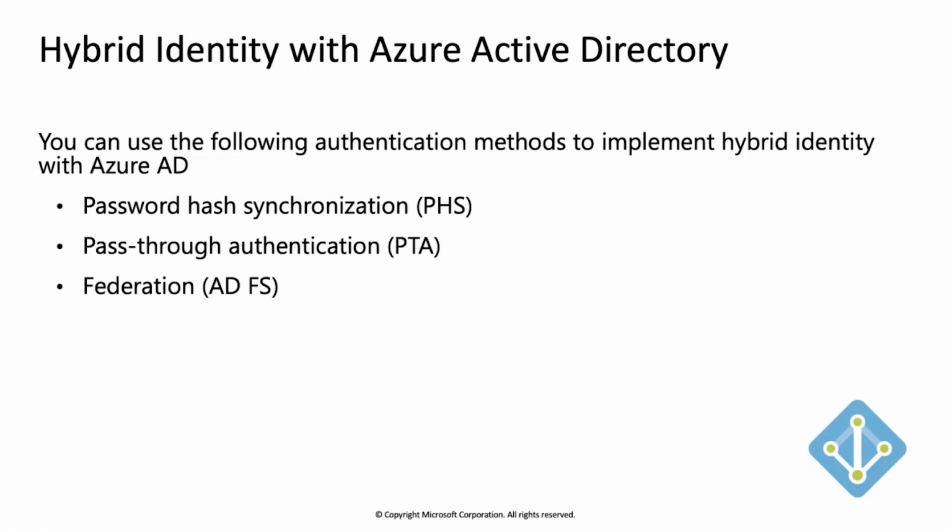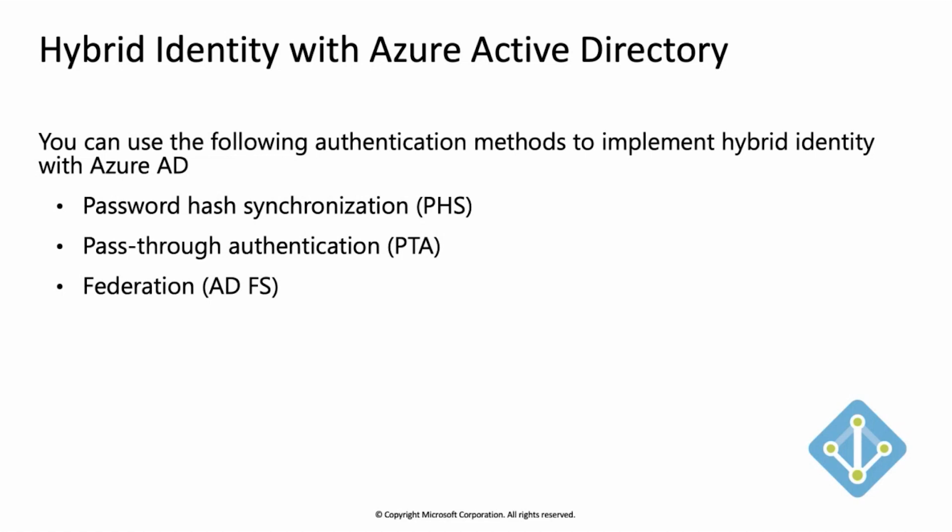Why? Because in your on-prem Windows Active Directory, the passwords are stored in a hashed form. With that, you can achieve same sign-on. Same sign-on means users can sign in with the same credential on-prem and in the cloud. Yes, the authentication happens twice: one at the on-prem if the user logs into on-prem, and if the user logs into the cloud, Azure AD authenticates. This is one of the simplest methods to set up.